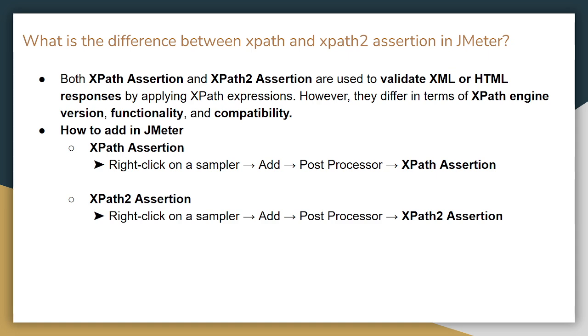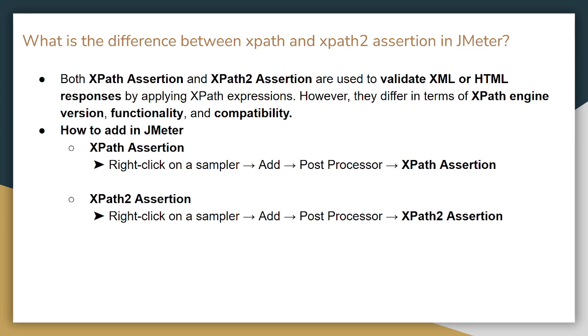We use 1.0 for validating the XML structure, but for complex XML queries or filtering, if there is a need for filtering, we need to use XPath 2.0. So these are some of the differences for both.